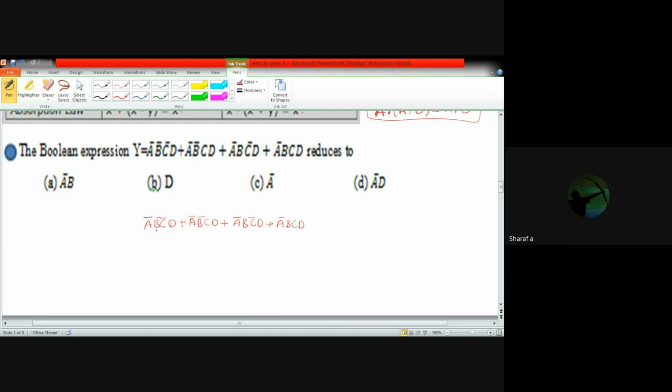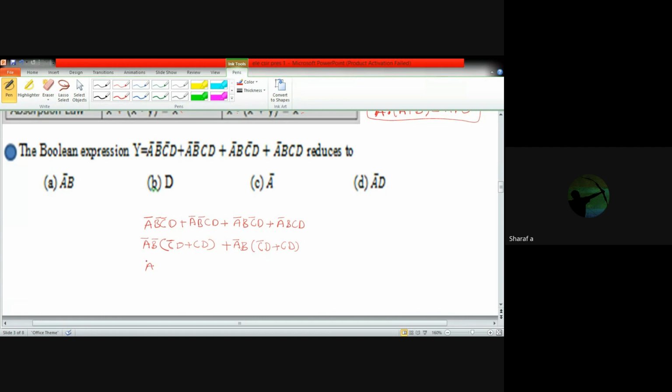Each of these terms contains four variables. Then you can take the common terms outside. In the first two terms, A bar B bar is common. You can take that outside. Then C bar D plus C D. I'm just doing that in the conventional, simplest possible way. In the second pair of terms, A bar B is common, so A bar B into C bar D plus C D.